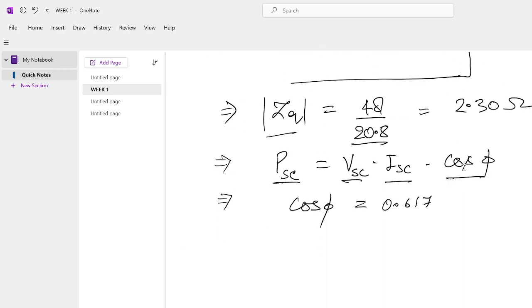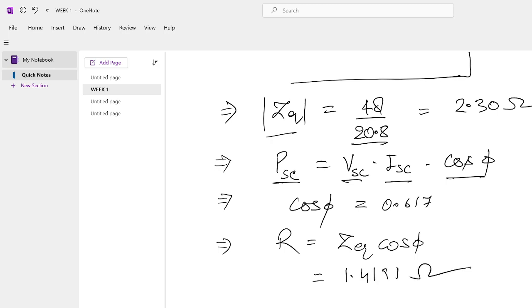R you can write as Z equivalent cos phi, that is 2.3 into 0.617, which equals 1.4191 almost.